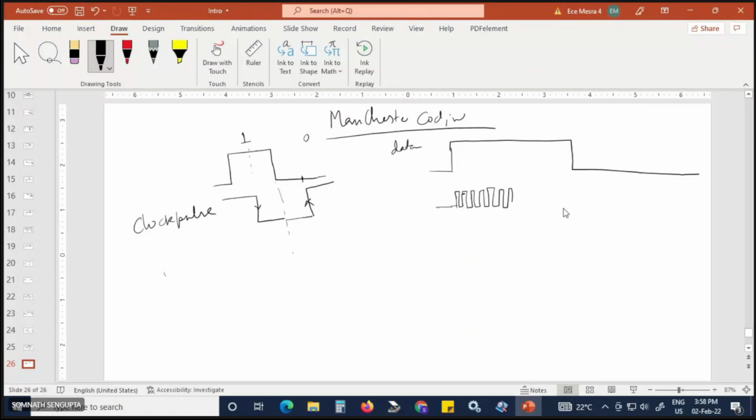Each clock pulse we assume as a symbol. At the half of the clock pulse, there will be a transition for Manchester coded data.